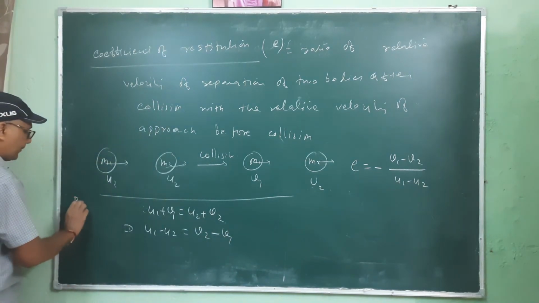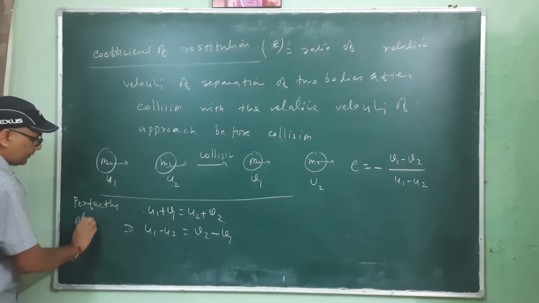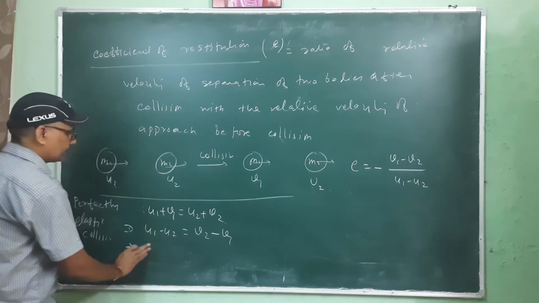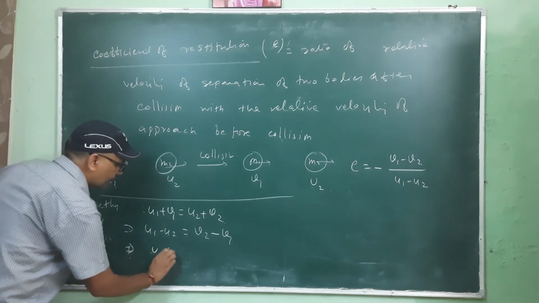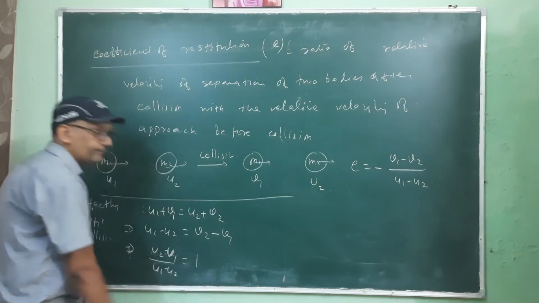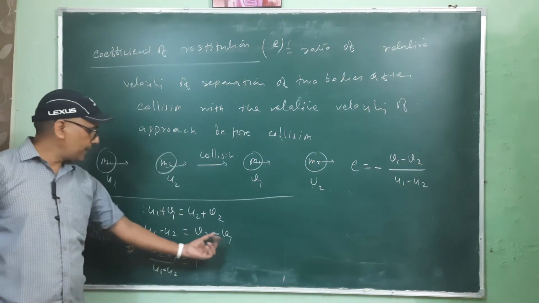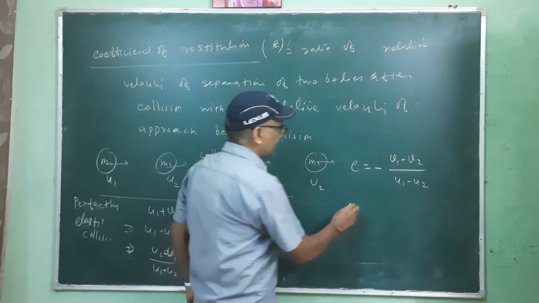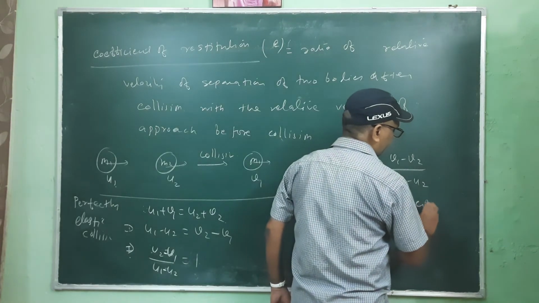This is for perfectly elastic collision. That is, (v2 minus v1) by (u1 minus u2) is equal to 1. So by comparing these two, we can say this e is equivalent to 1 for perfectly elastic collision.